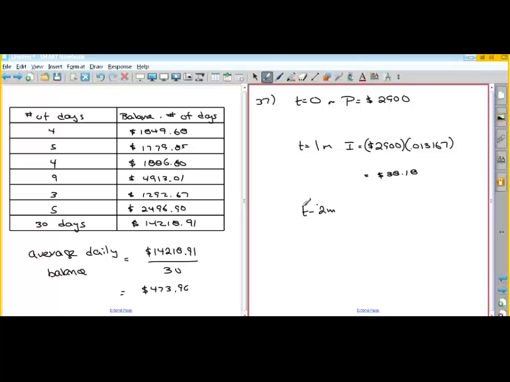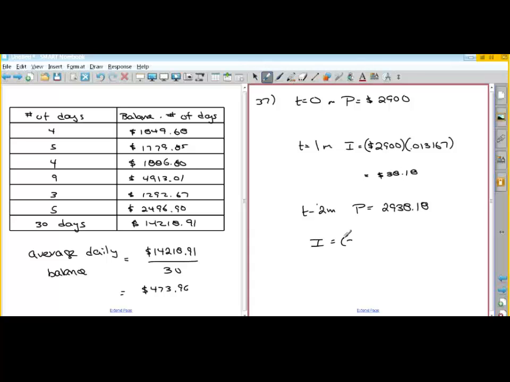Okay, now after the second month, my principal is increased by $38.18. So I'm going to have $2,900 plus $38.18. Now I have to pay interest on the new higher balance.